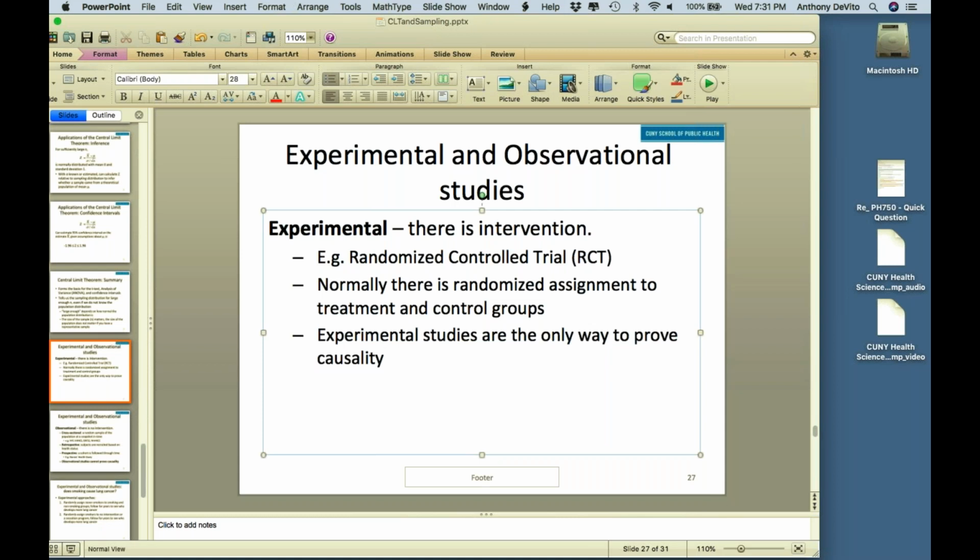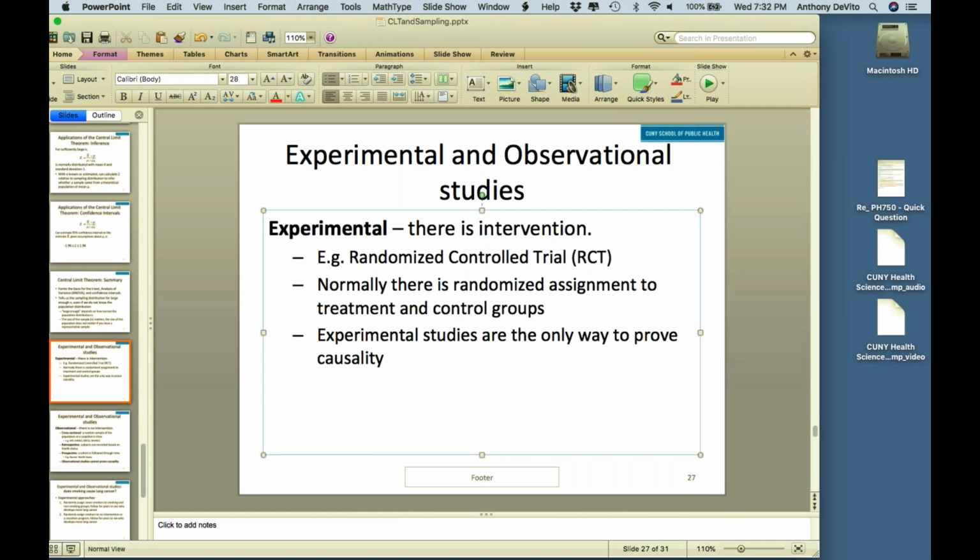In other words, we give a blood pressure drug to one group, and we take a matched group over here and we give them a placebo, and no one knows which one they took, and so on and so forth.